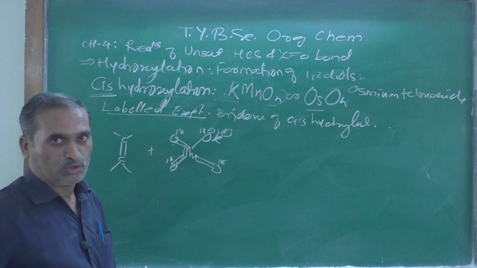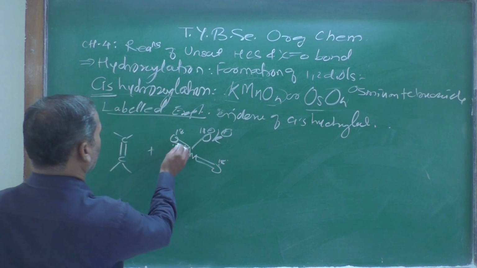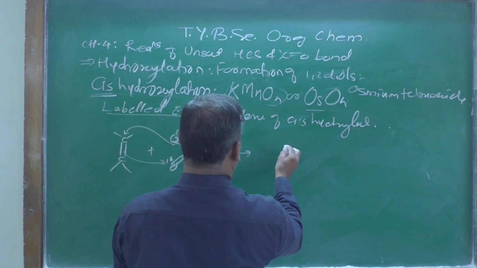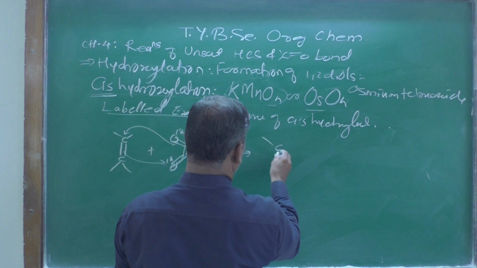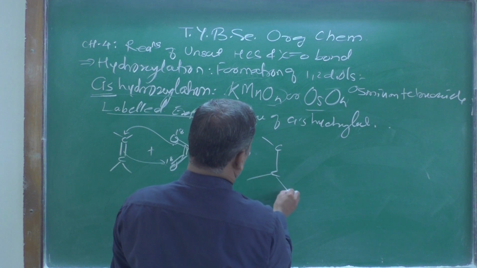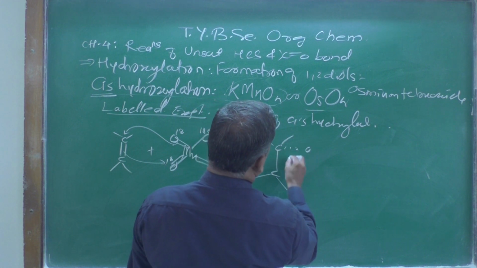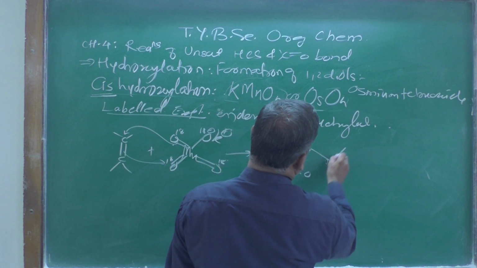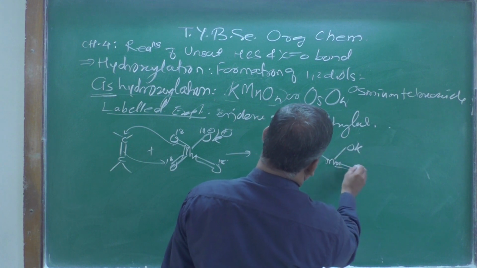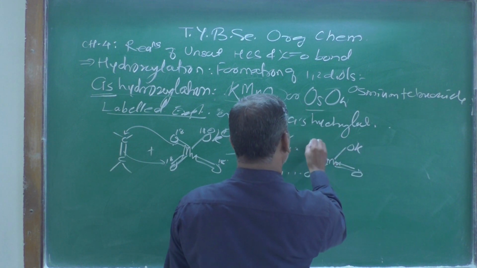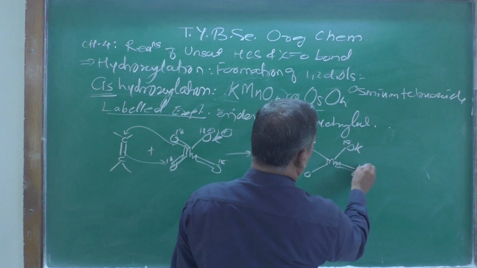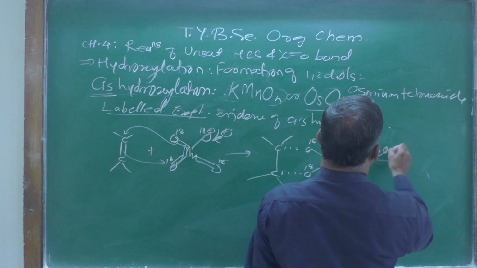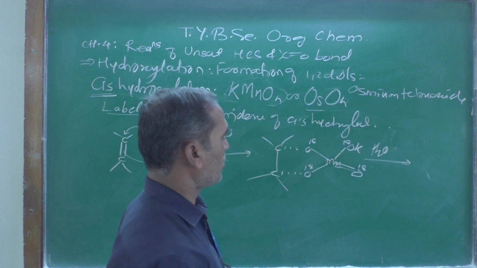This is an isotope of the oxygen atom, and now this is attacking over there, so that you are going to get here C, then this C, then you can write O, then Mn, OK, double bond O, then this oxygen atom, this is 18 labeled oxygen, here are the 18 O. Now it is hydrolyzed by using water or poured on crushed ice.